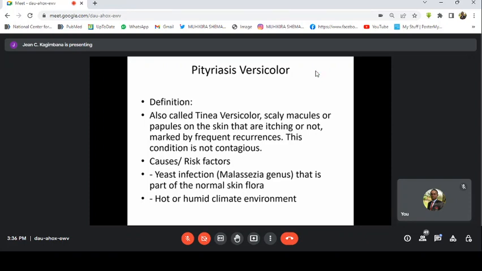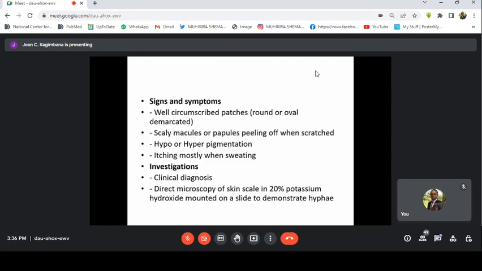Okay? We said it's a part of normal skin flora and prevalent in hot and humid climates, environments.